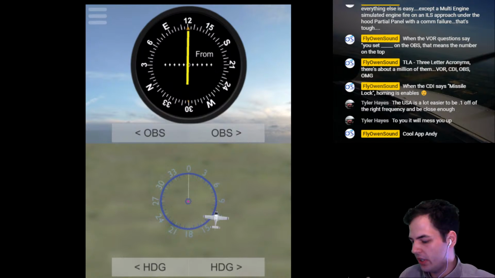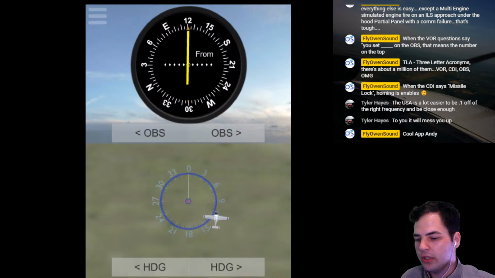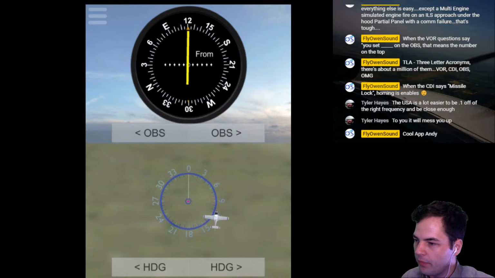It's all based on the actual position of the airplane. People get themselves into lots of trouble because they mix up to and from and end up flying the wrong direction. Or maybe the needle was centered, but because the gauge was upside down, the indication told them something misleading.